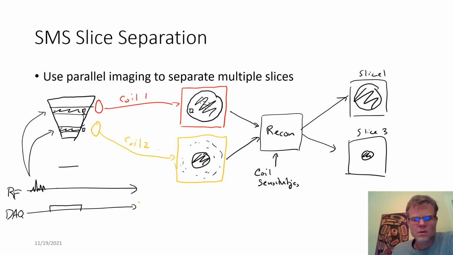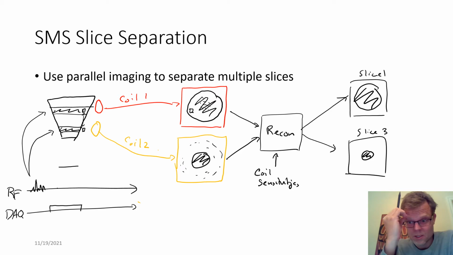Okay, so fine, but how do we use this information to actually do the reconstruction? Here I've drawn a simple example where we have this cone-looking object. We're going to image it with two RF coils, coil 1 and coil 2, and our RF pulse is going to excite both this bottom slice and this top slice.